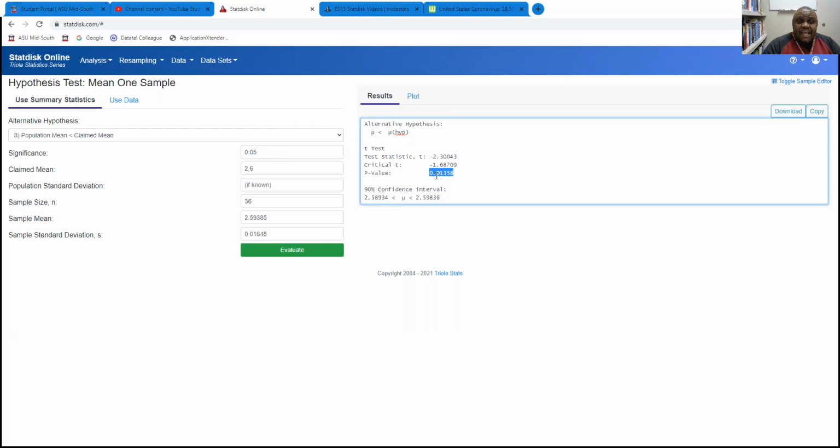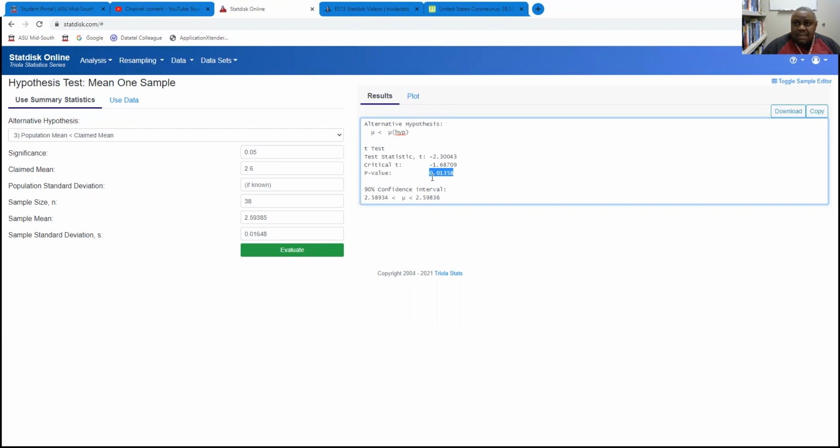So in this case, we can reject the null hypothesis. And if we reject the null hypothesis, then that means that there is sufficient evidence to support the claim that the sample is from a population with a mean weight less than 2.6 grams. Okay, or you can say specifically the sample of coins that we're dealing with is from a population with a mean less than 2.6 grams.